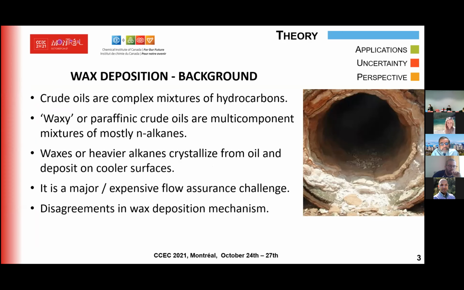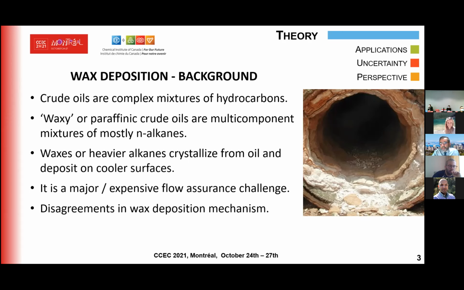And what happens with these crude oils is waxes, or heavier alkanes, crystallize from oil and deposit on cooler surfaces. So as the temperature of the oil is decreased, waxy paraffinic crystals come out of the oil phase. It is a major and expensive flow assurance challenge. Estimates are that every year it costs about $1 billion to the oil industry to tackle wax deposition.